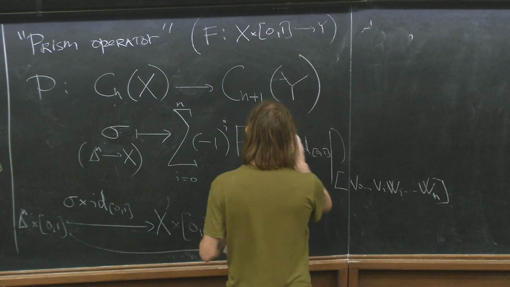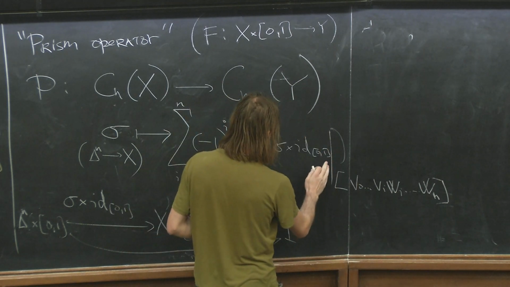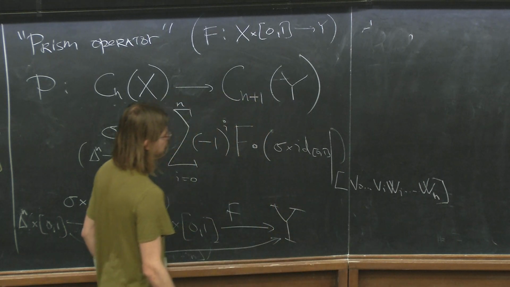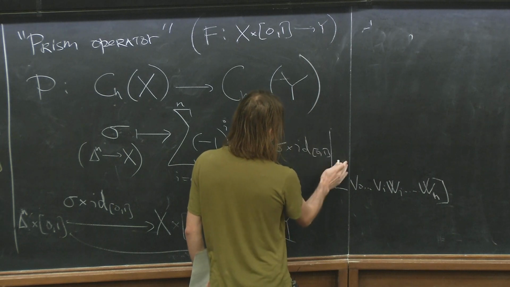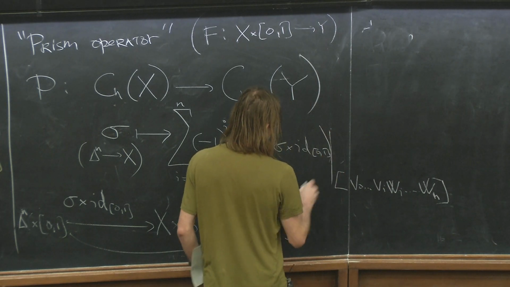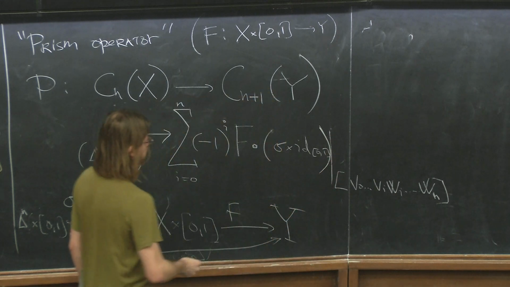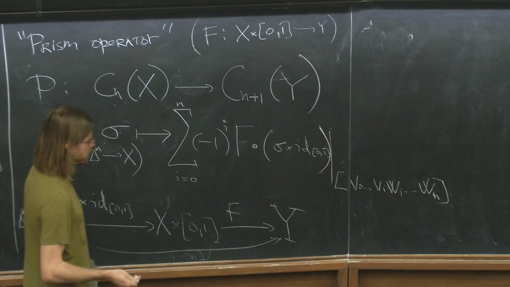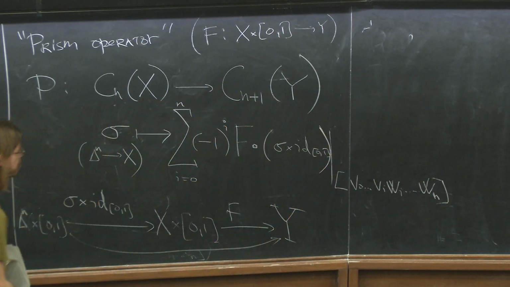So this gives me some map from the prism to Y, and then we can restrict this map to sub-simplices in this prism. It doesn't matter where I put my parentheses, because as we already know, restriction and composition commute with each other. Maybe it's nicer to put it like this.